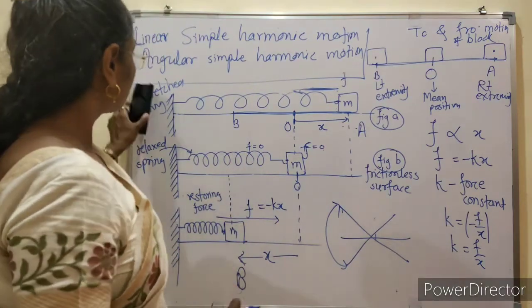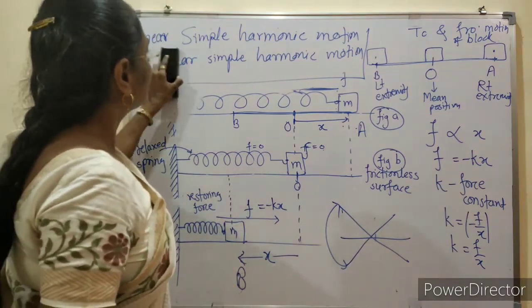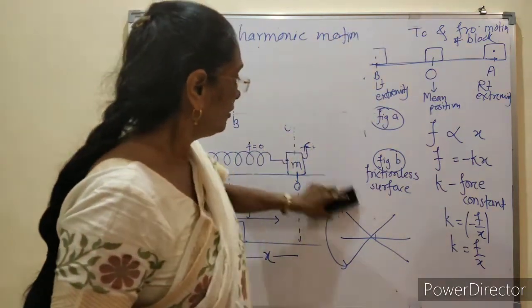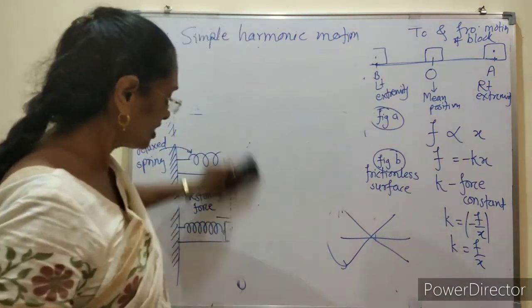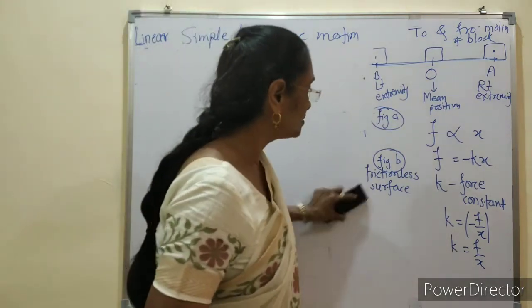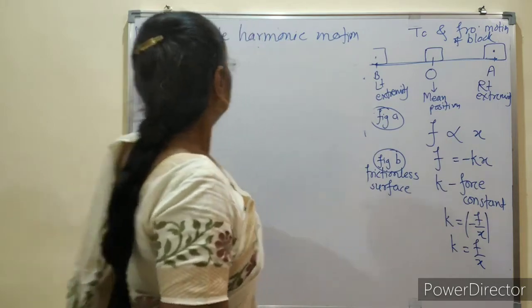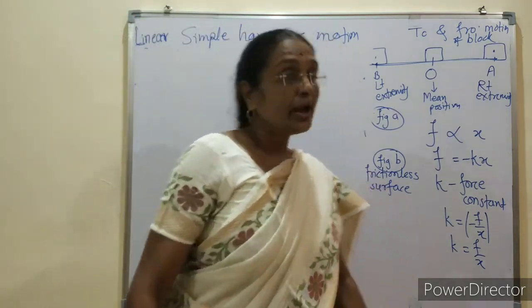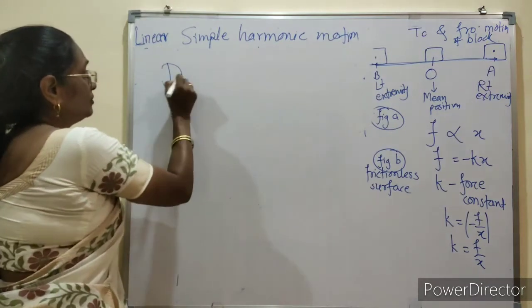So here angular simple harmonic motion is the last but second part of this chapter, and the first part of this chapter is linear simple harmonic motion. So we have to define it.